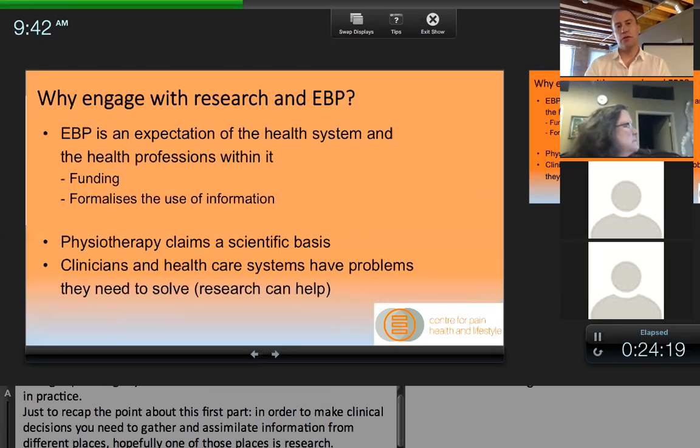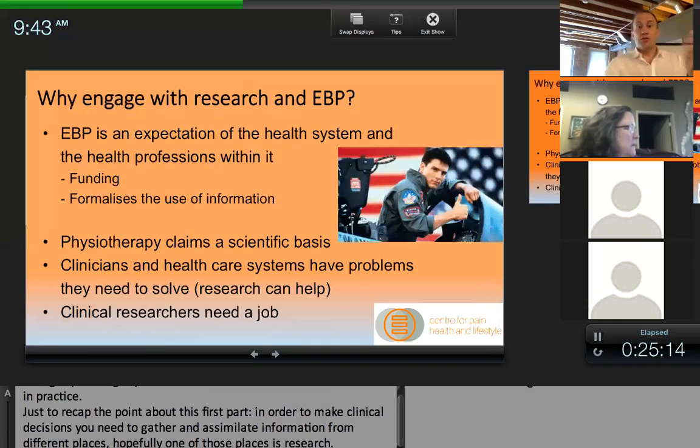Okay, so it's information from research, but also by understanding the fundamental principles, I think it provides a framework then for judging information from other sources as well. And also we need a job. So you guys should engage with research. Otherwise we become redundant. No one wants to be redundant.